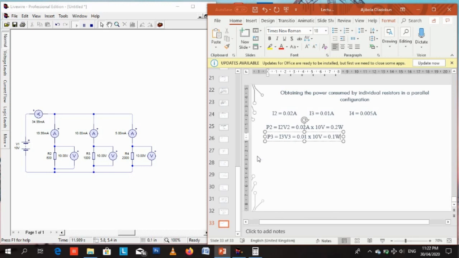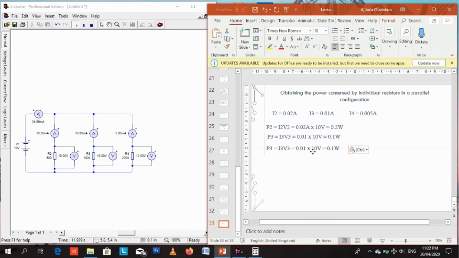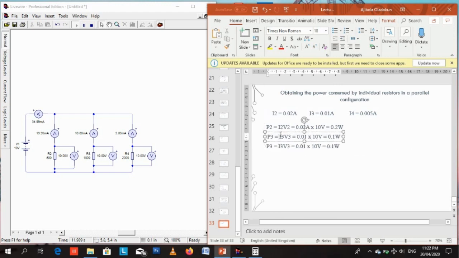So let's go for P4. P4 is the power consumed by the resistor R4, the last resistor, the third resistor. P4 will be equal to I4 multiplied by V4.